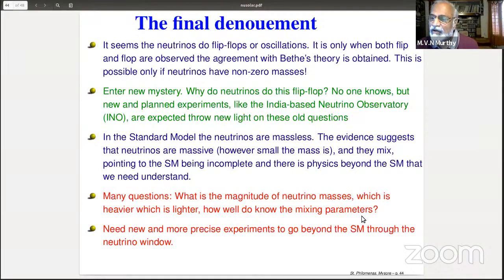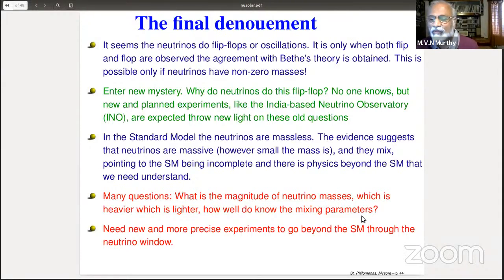And in the standard model, of course, as I keep mentioning, neutrinos are massless, they don't mix. So the evidence suggests that the neutrinos are massive, however small that mass is, and they mix, pointing to the standard model being incomplete. And you're all young people, you have a lot of work to do, and you need to go beyond the standard model and look at many open problems. So there are many questions.